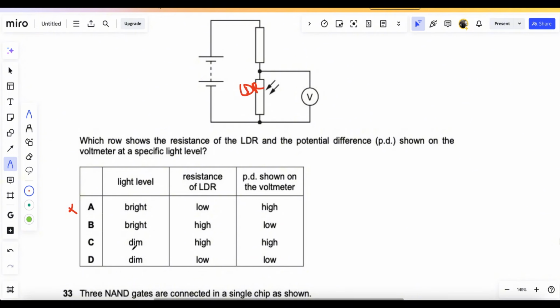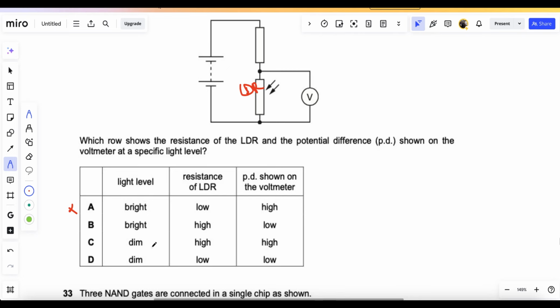When the light is dim, the resistance will be high, because these are inversely proportional. When light is dim, resistance is high. When light is bright, resistance is low. Here should have been low. When light is dim, resistance is high, and then voltage will be high. But if this one said bright, low, low, this one would have been correct. A would have been correct.